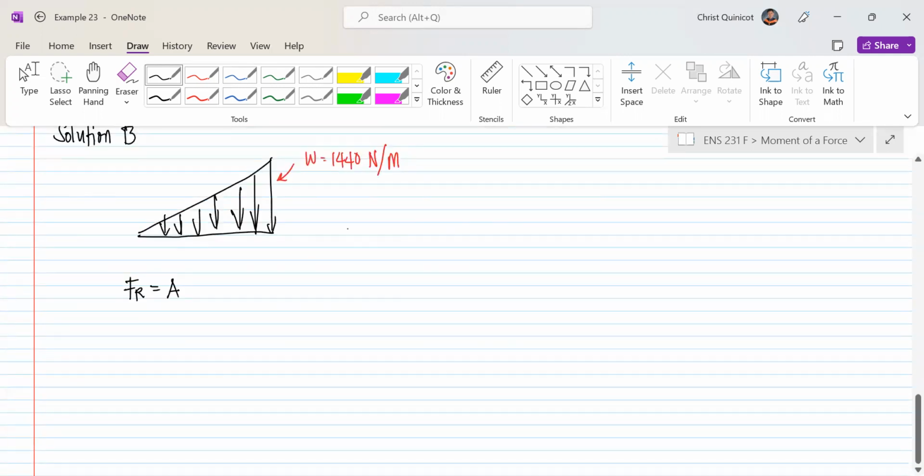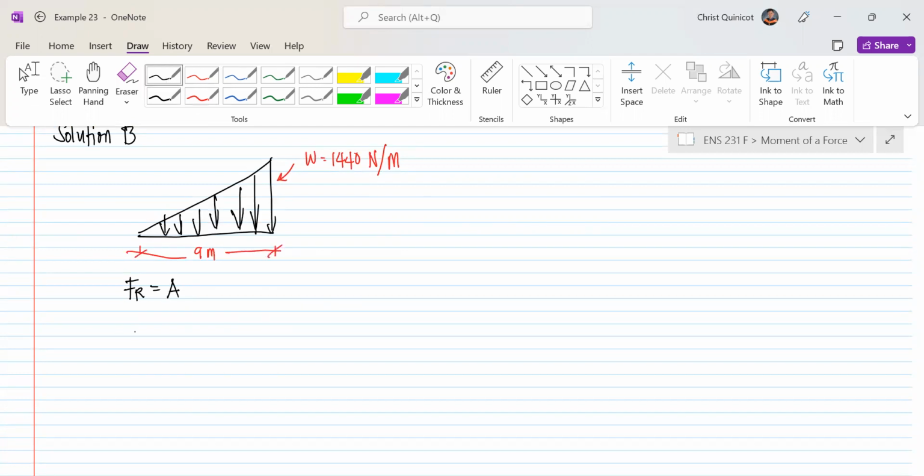Our height would be at the back portion of the triangle, which is 1,440 Newton per meter, and the base would be the entire distance, which is 9 meters.